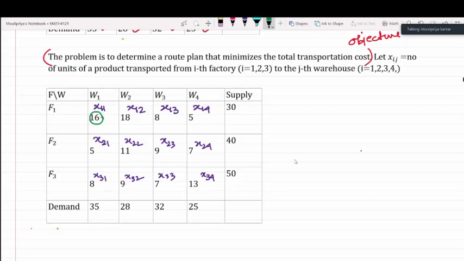So your objective is to minimize the total transportation cost. If I try to formulate the given problem as a linear programming problem, what would be our objective function? We would like to minimize the total transportation cost, right?